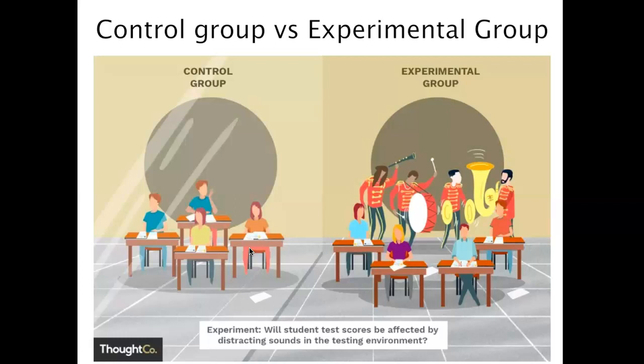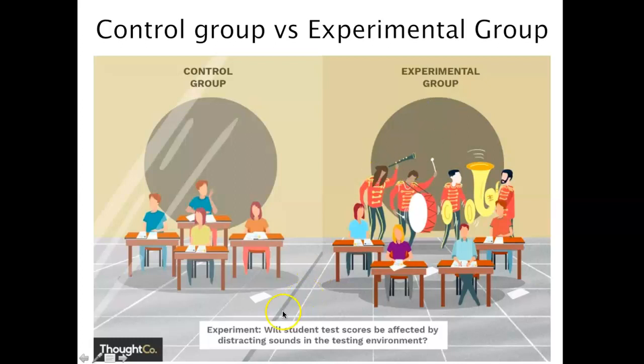You're not using anything different. You're kind of just letting it go naturally. And then in another group, the experimental group, you're actually using your independent variable. You're manipulating the scenario to see if your independent variable is having an effect, right? Because you need your control group to see whether the experiment is changing what would normally happen.